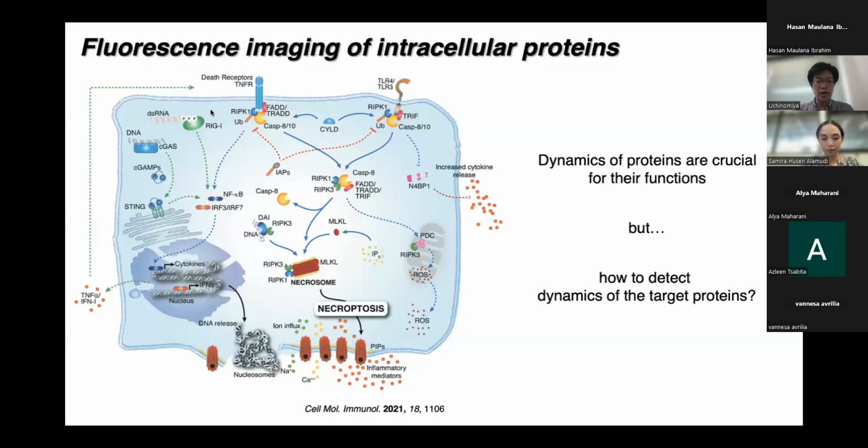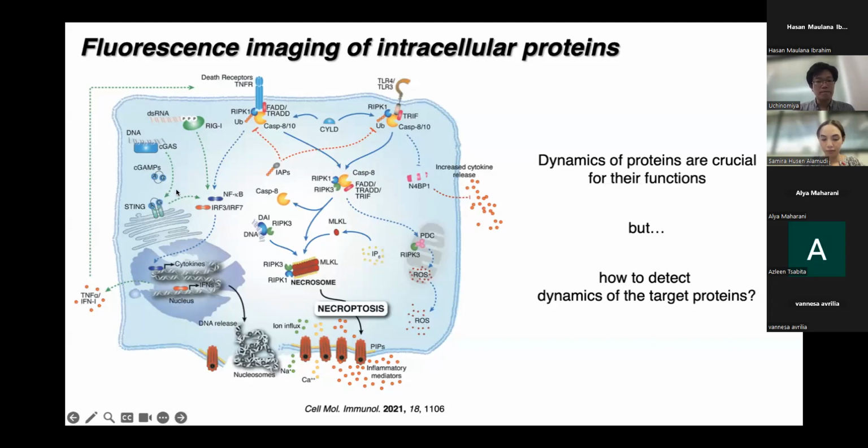Okay, in textbooks, you can find many kinds of illustrations for explanation of cell signaling. As you can see, this illustration includes many types of proteins, and you can see some proteins move to another place in the cell. So like this, the dynamics of proteins are very crucial for their function.